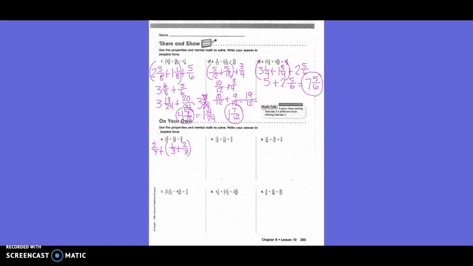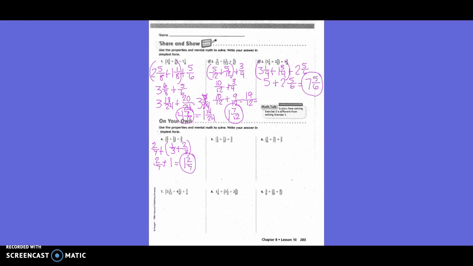So now what am I going to write? 2/7 plus, what's 1/3 plus 2/3? 1. So pretty easy on this one as well, right? 1 plus 2/7 equals 1 and 2/7, and then that's my answer.